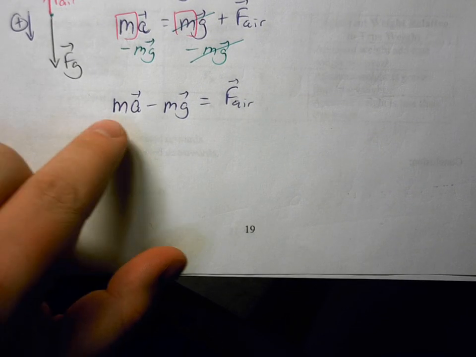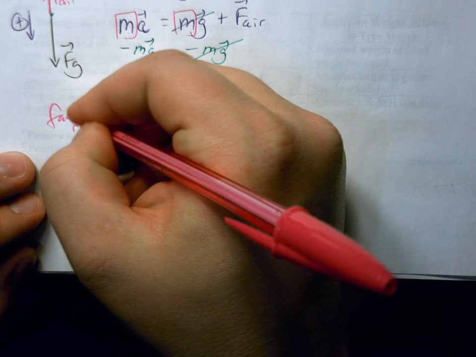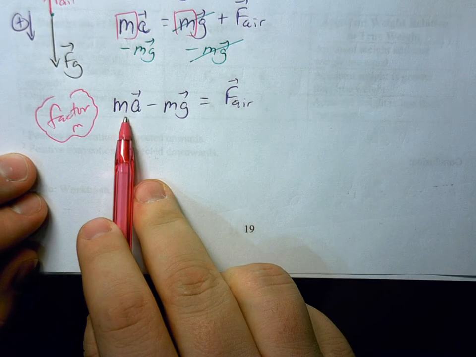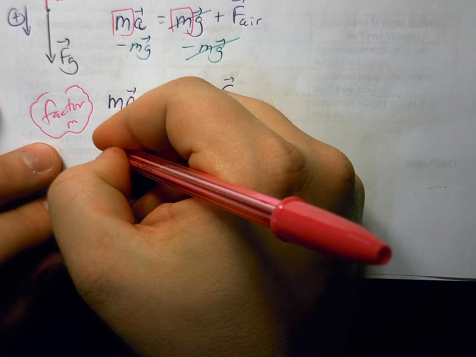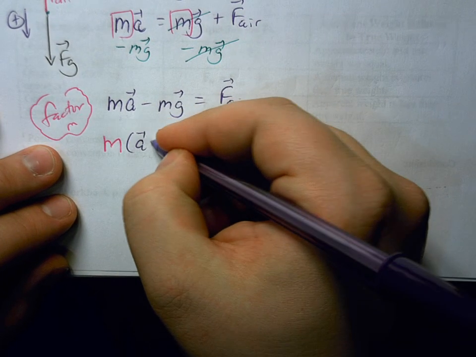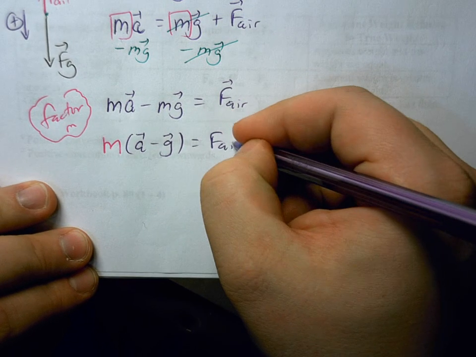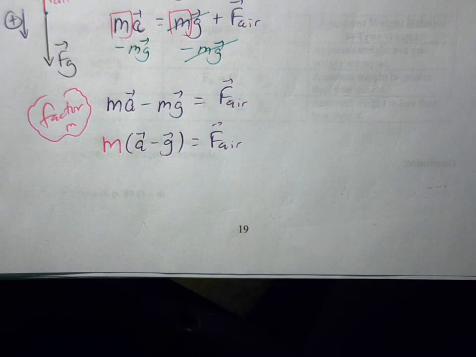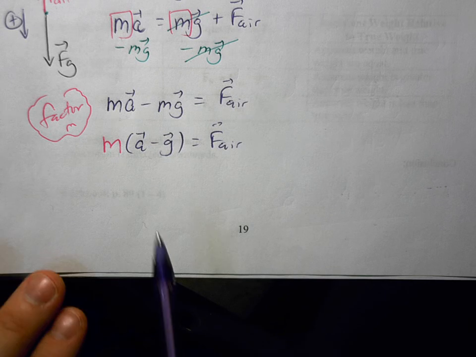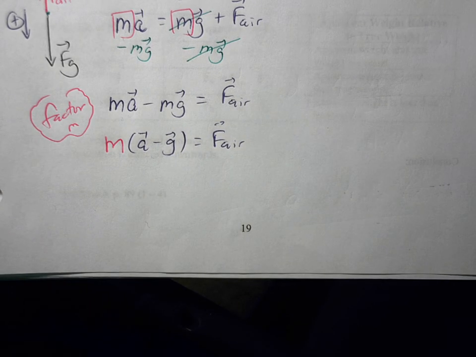Now that I have all the masses on one side, what I can do is factor m. So I can factor this mass term out. And then what I'm going to have left in brackets here is a minus g. And this is equal to F air. So this is good. I have one solitary mass term. I can isolate that by itself.